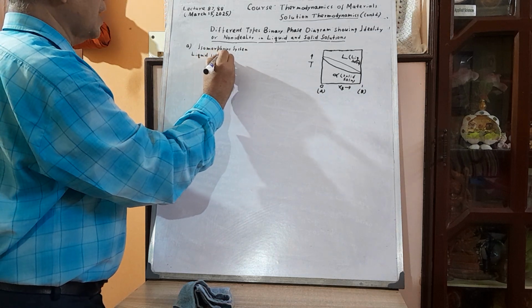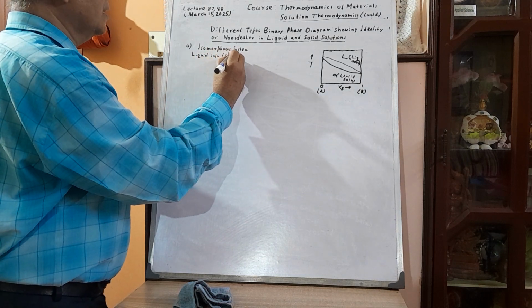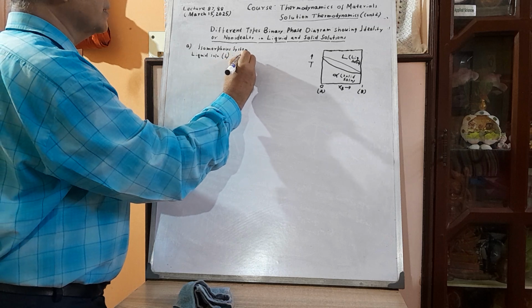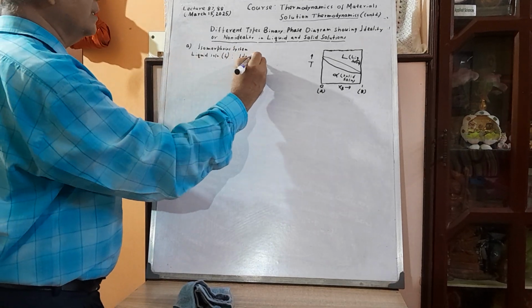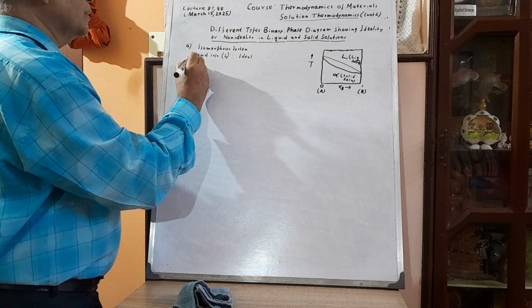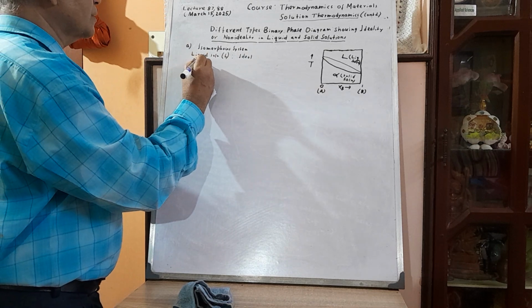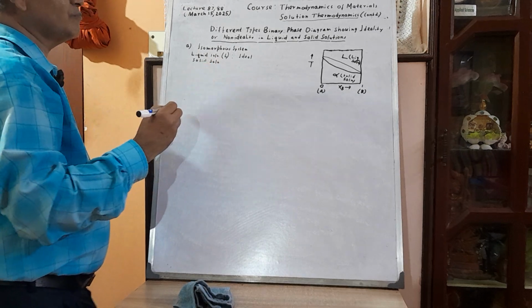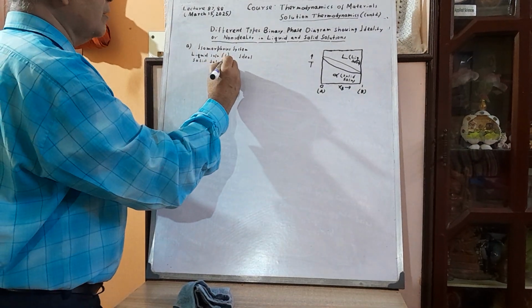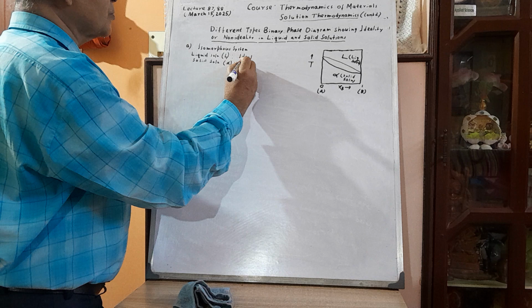So we can write the characteristics. The liquid solution, L, is ideal behavior, ideal solution. The solid solution, alpha, is also ideal behavior.